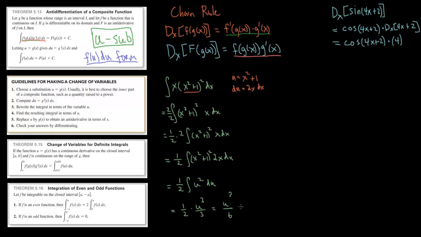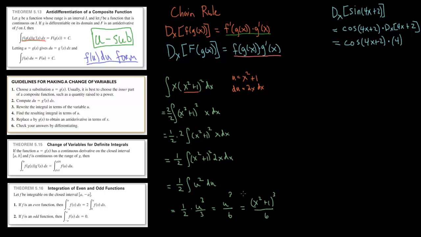But we don't want to have the u in our final solution. We want to have x's in our final solution. So if we back substitute to get our final solution, u is x squared plus 1, so we have x squared plus 1 cubed over 6.